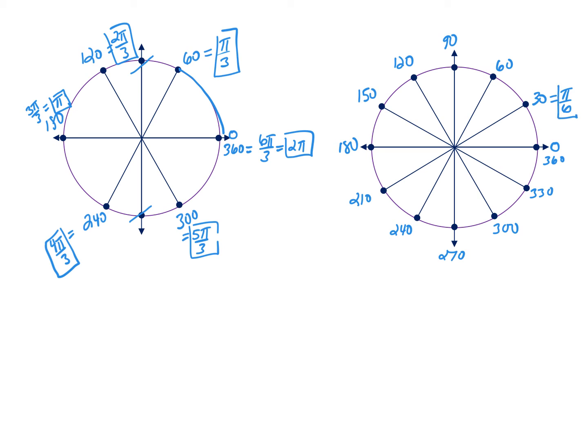So 30 is pi over 6 for radians. 60 would be 2 pi over 6.